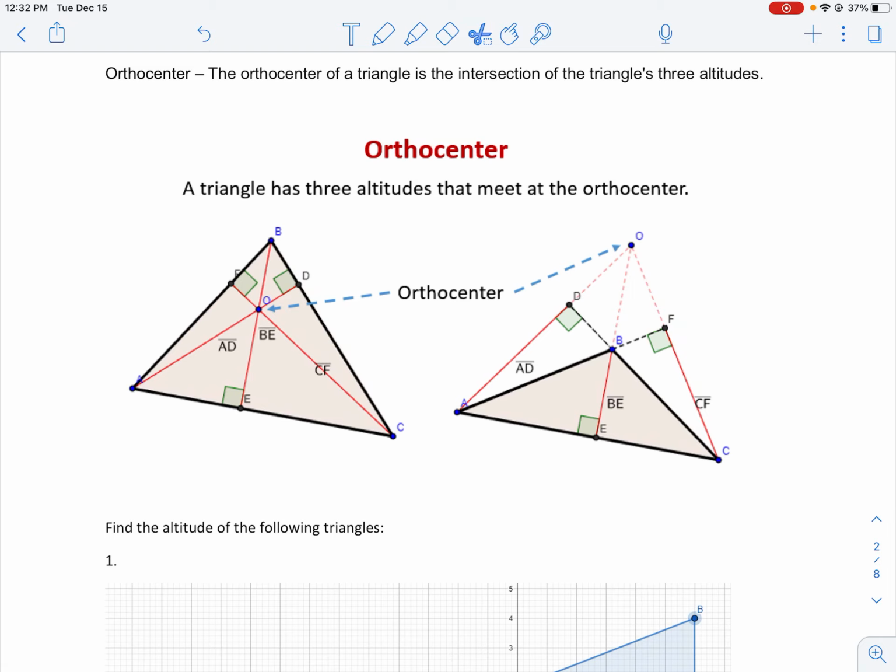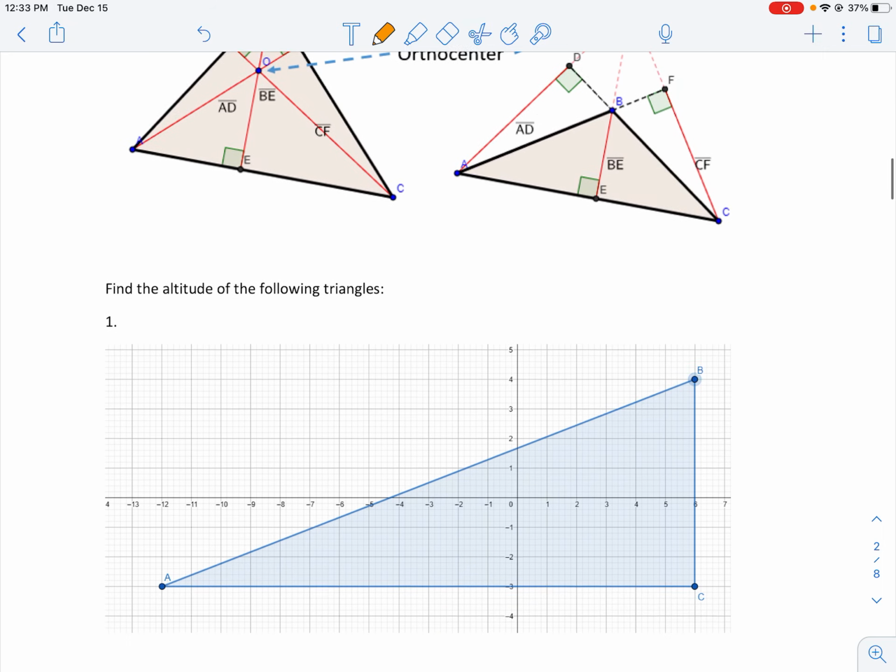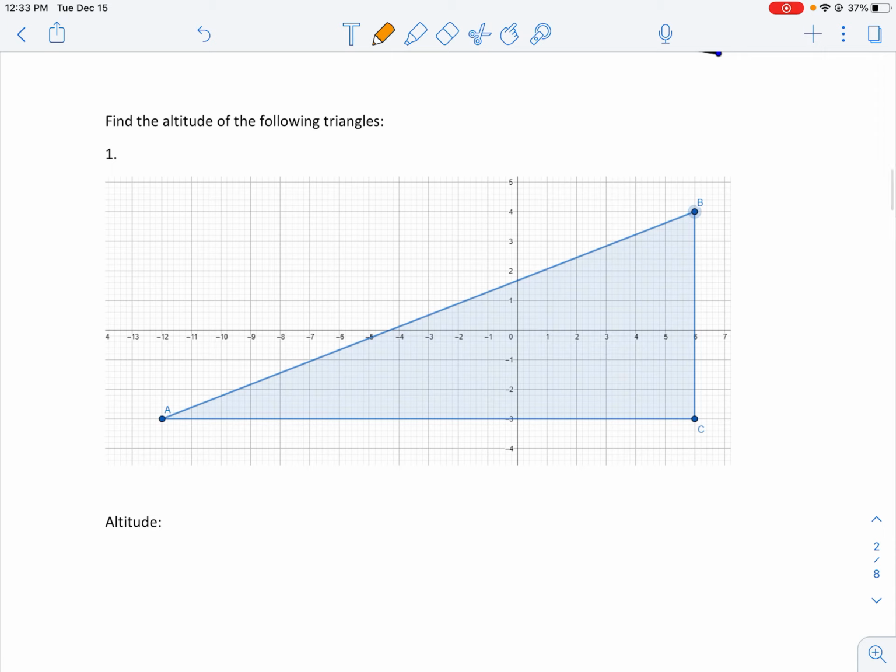So before we can talk about finding the orthocenter, we've got to make sure we are comfortable with finding the height of each of our triangles. So take a look at this one right here. Find the altitude of the following triangles. Well here, I had to put in there, this is the right triangle, so we could use either height.